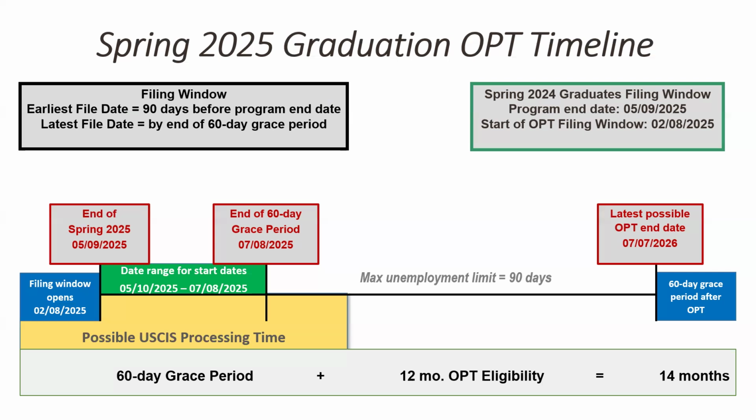So if that happens, USCIS will adjust your start date to the date on which they approve your OPT. So let's say in this case, it's August 15. However, because of that 14-month rule, they'll only give you July 7, 2026 as the end date.